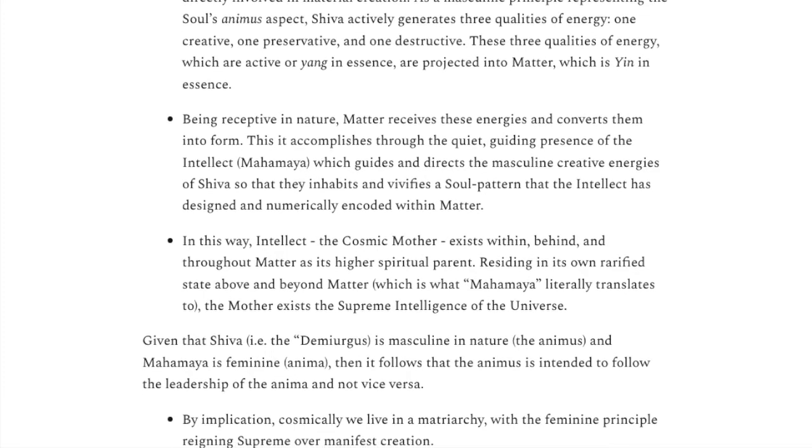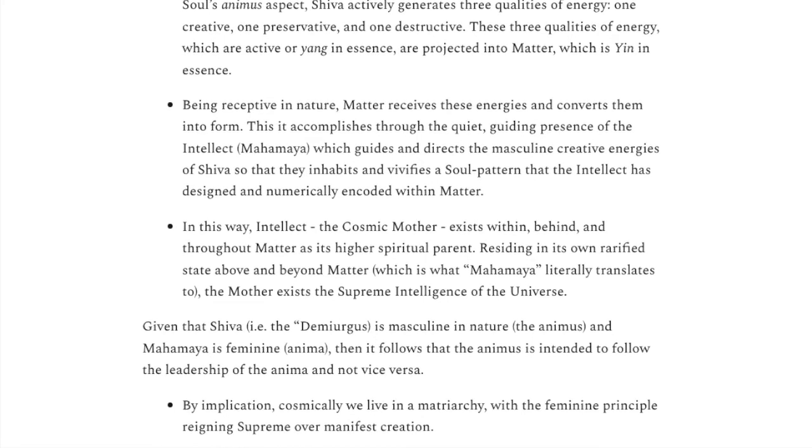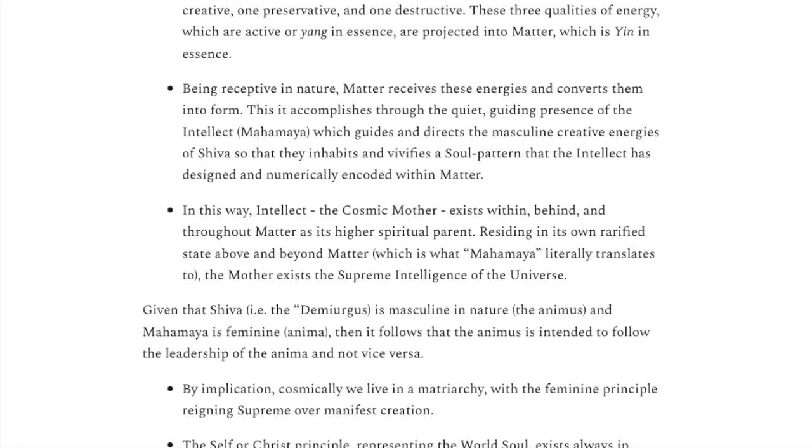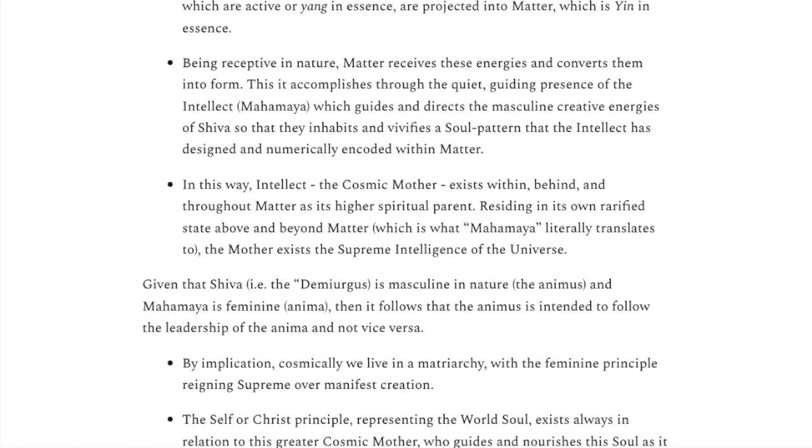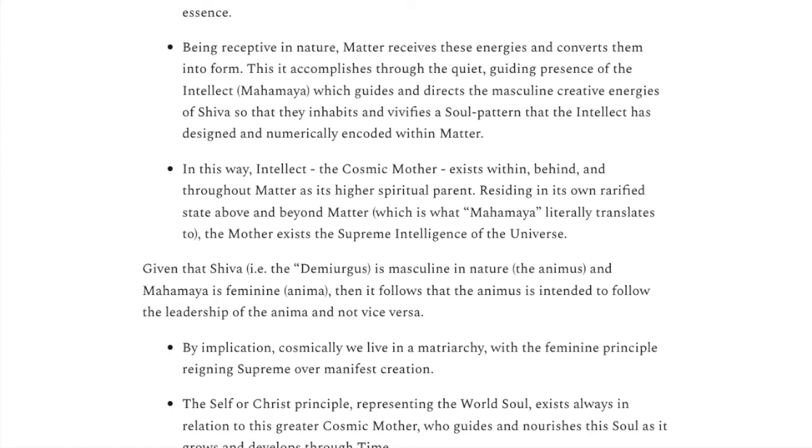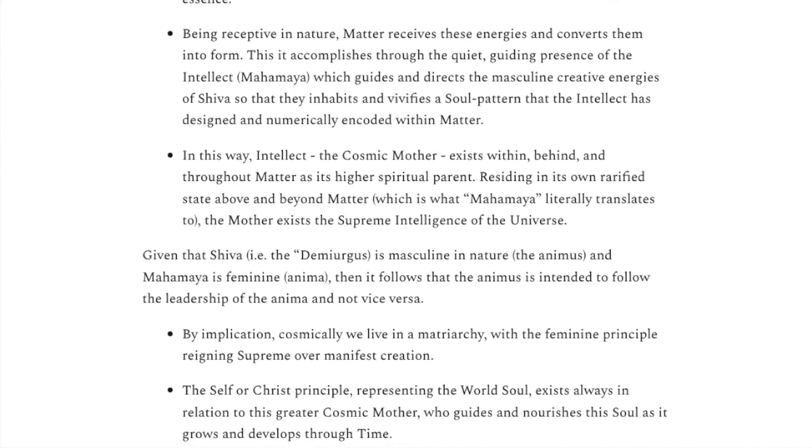Residing in its own rarefied state above and beyond matter, which is what the word Mahamaya literally translates to, the mother exists as the supreme intelligence of the universe. So, yeah, the principle of intelligence is actually a feminine principle, and the principle of wisdom becomes an active principle, and then the union of wisdom and intelligence becomes the father-mother principles that results in the formation of the universal form.